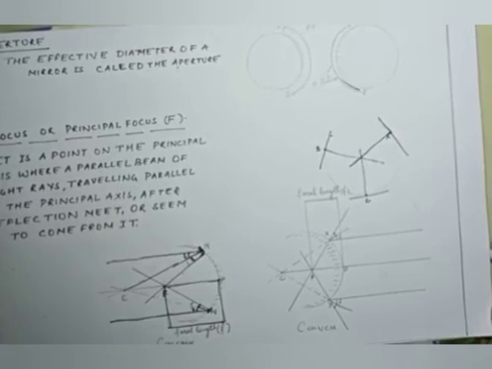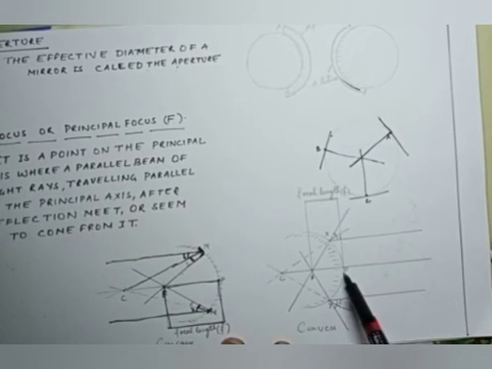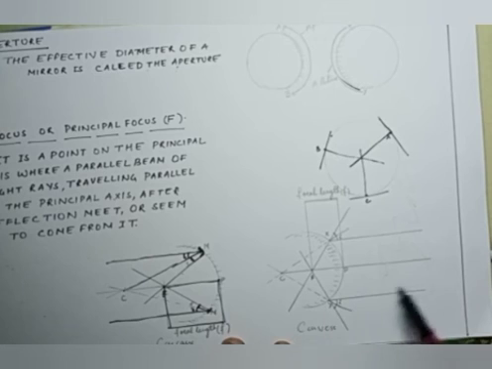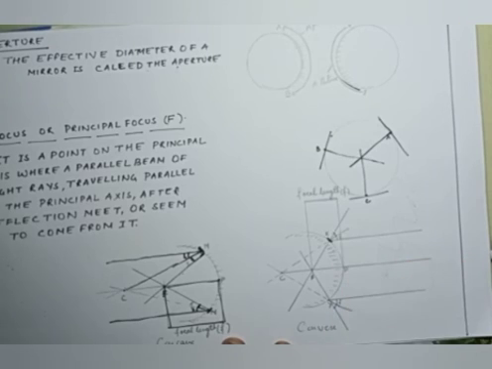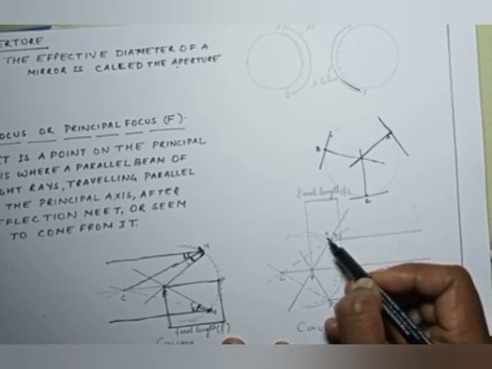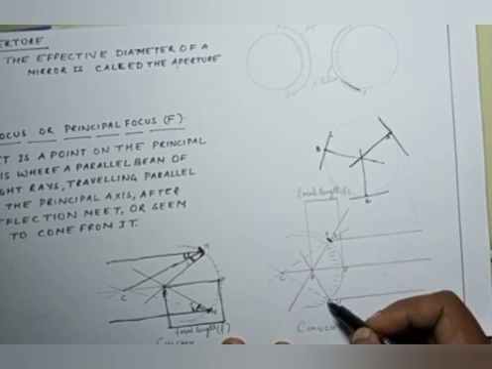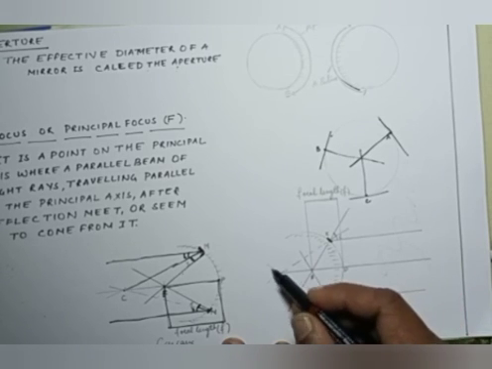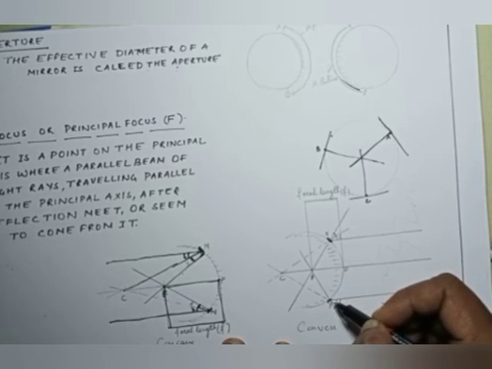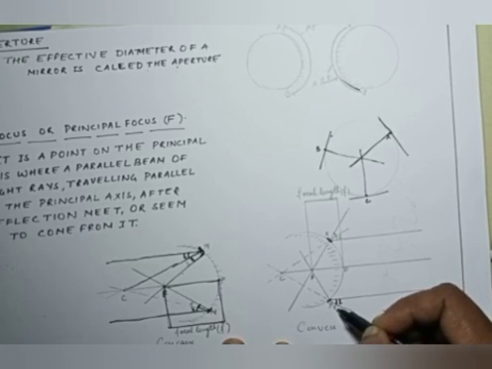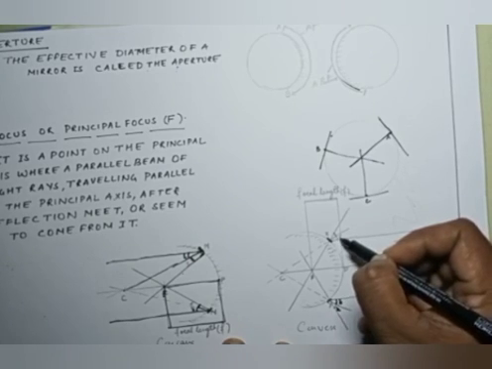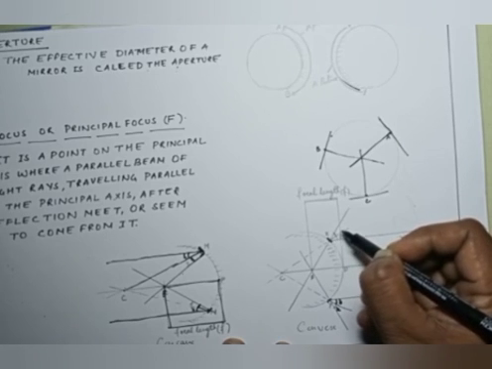In the same way, when a parallel beam of light is incident parallel to the principal axis, over here I have taken two rays. When it strikes the mirror, a small portion will act as a tangent. Now if I draw a normal, it will pass through the center of curvature in both cases. This is the angle of incidence, and this is the angle of reflection.